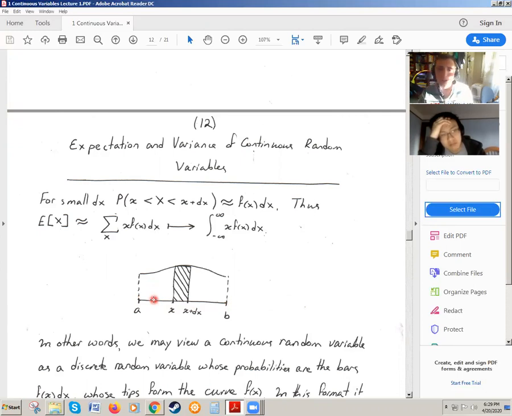When I calculate expected value, for a generic point at some place x, it's x multiplied by the probability, f of x dx. So x multiplied by its probability, f of x dx, is the part of the expected value which accounts for outcomes of the form x.